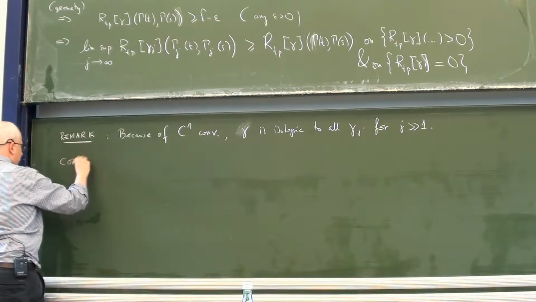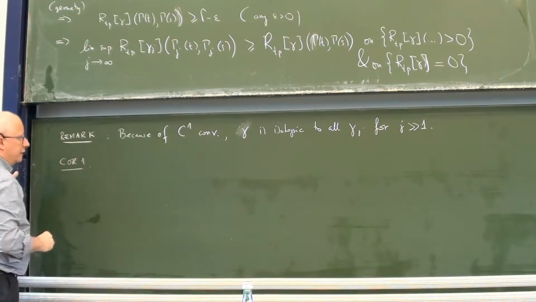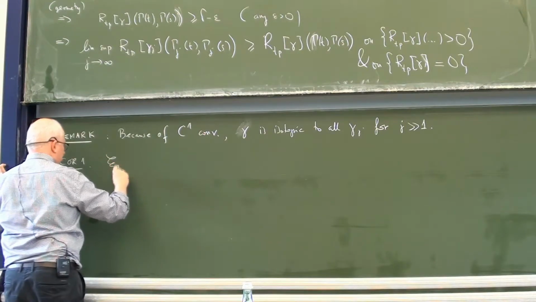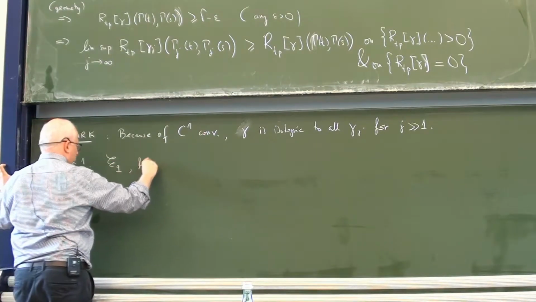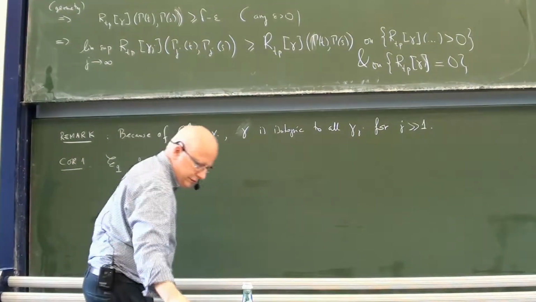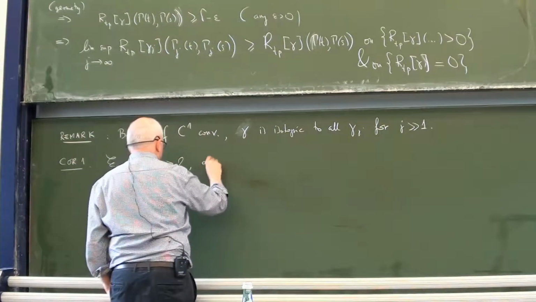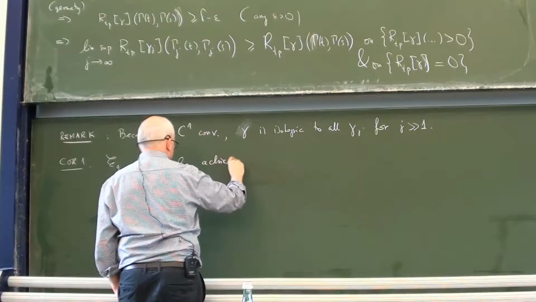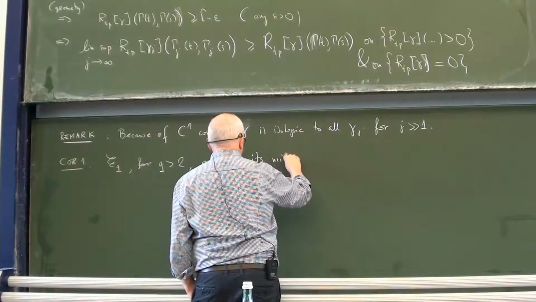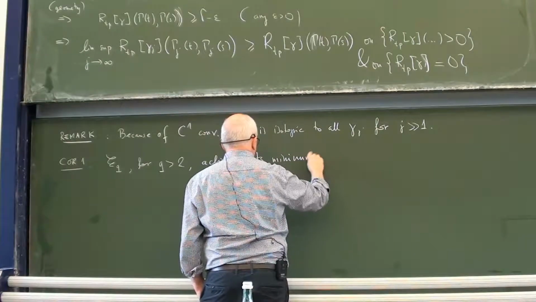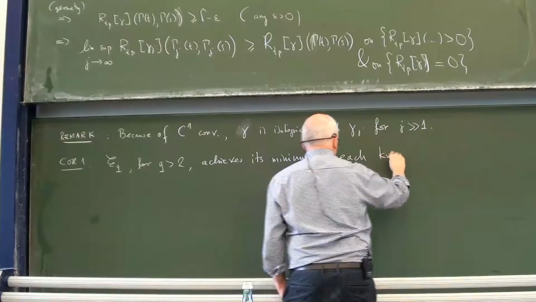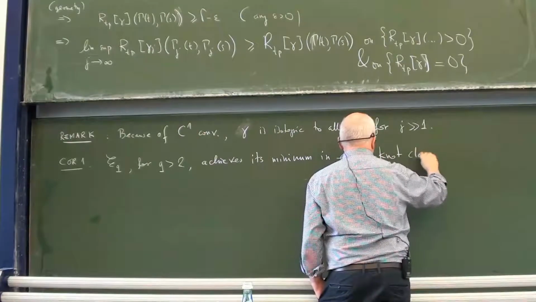And the first corollary is that E_q for q bigger than 2 achieves its minimum in each knot class.